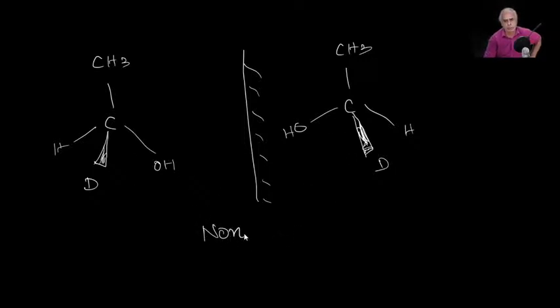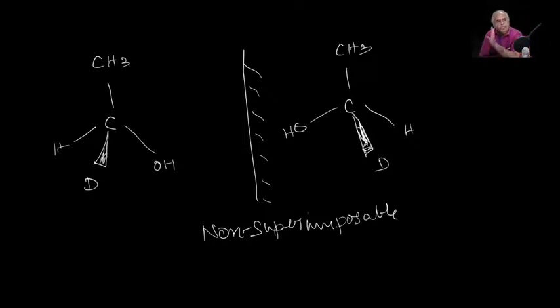Take down. Non-superimposable mirror images. Okay. So that is why they are what? Optical isomers. So they can exhibit optical isomerism. Do you understand? So this chiral carbon atom can also be called asymmetric carbon atom. What is asymmetric carbon atom?